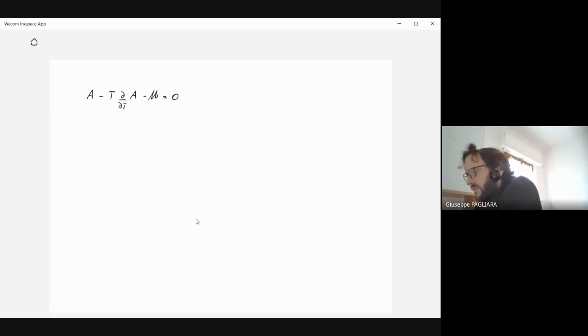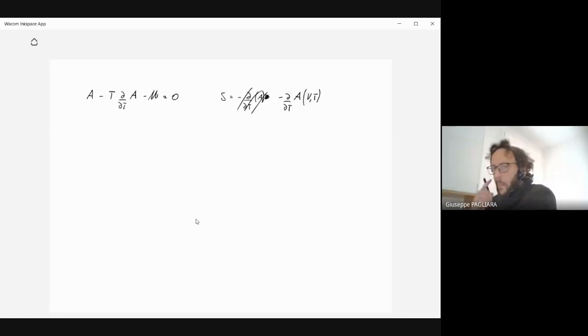Now, remember that the Helmholtz free energy and the entropy are related by this quantity. So S is minus the derivative with respect to T of A, which is a function of volume and temperature.